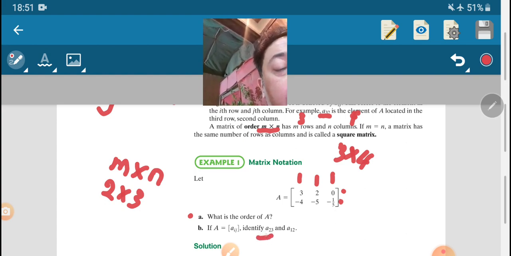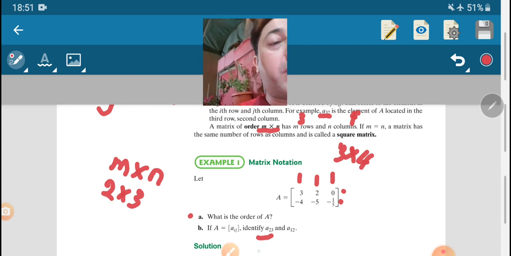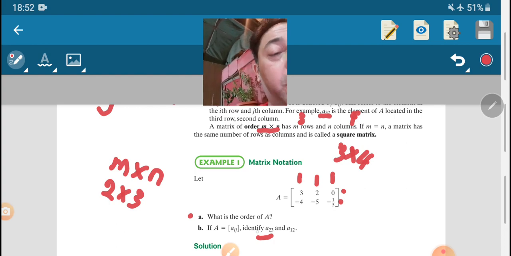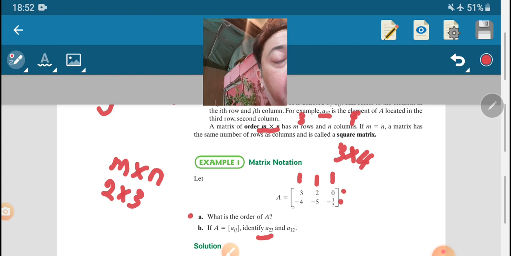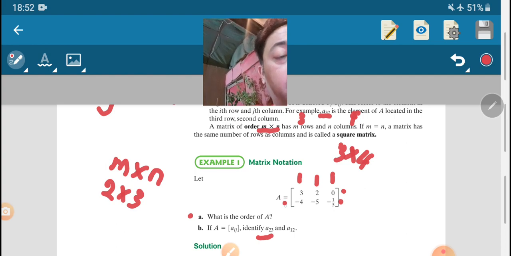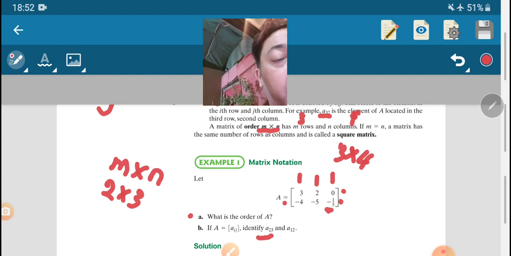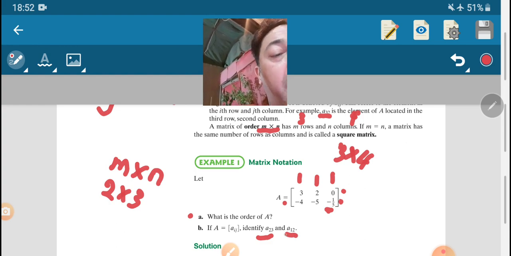The element a_23 is in the second row and the third column, so a_23 is negative 1 over 5. Where is a_12?